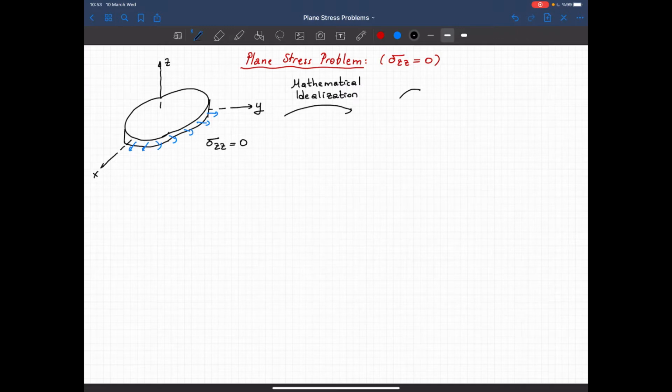We can just take the mid-surface of it, that will be the x direction, and that will be the y direction. So we have a two-dimensional element. We idealize an actual three-dimensional member with a two-dimensional element.